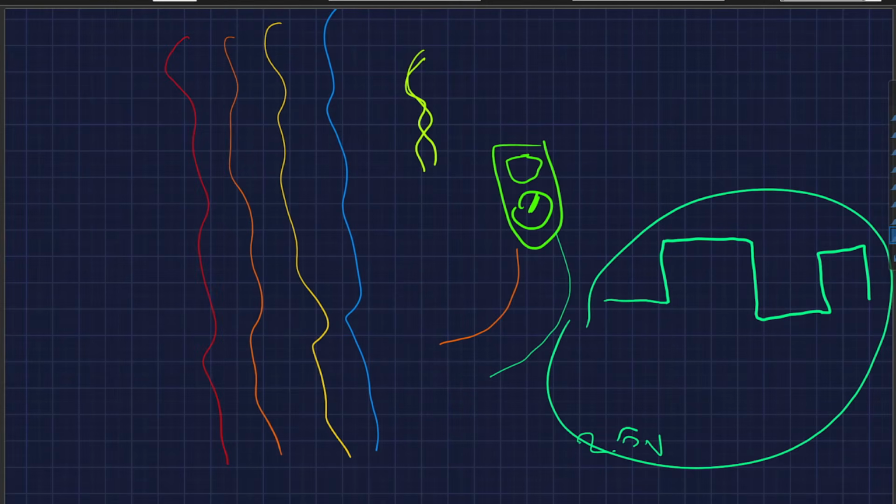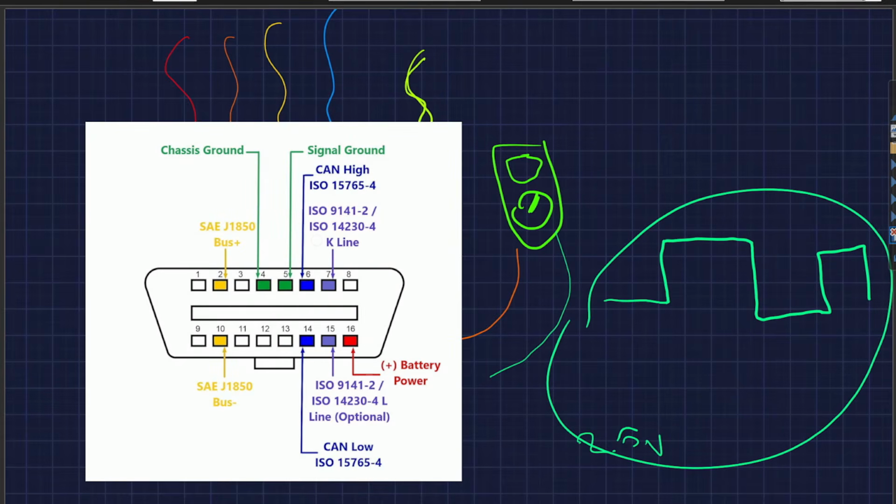Now let's talk about the easiest access point, which is the OBD2 connector. On almost all modern vehicles, the CAN high pin is on pin 6 and the CAN low pin is on pin 14. You can see they are both dark blue.